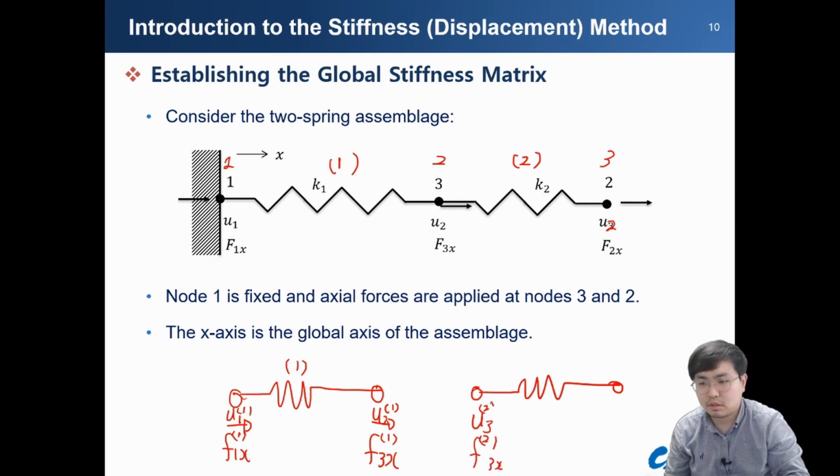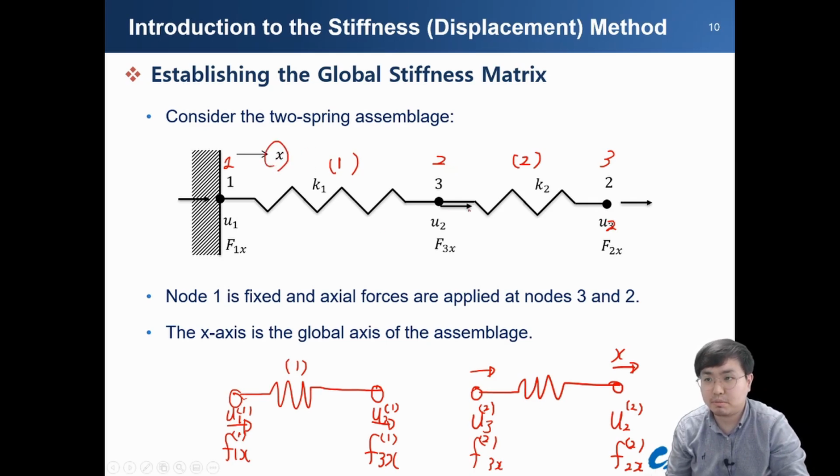This is the second element. All force and displacement directions are the same. This is a local axis coordinate, this is a global axis coordinate. They are slightly different, but in one-dimensional cases you can neglect this.